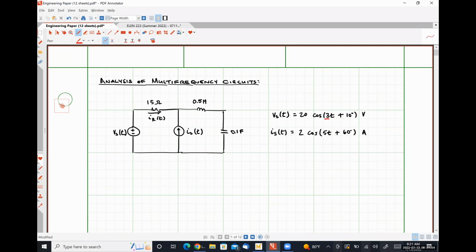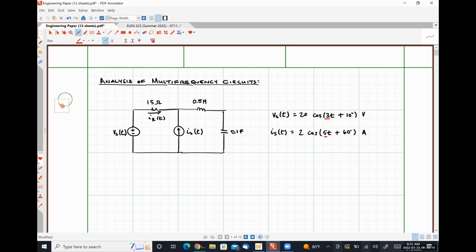Notice that our two sources are operating at different angular frequencies. So this presents a problem.